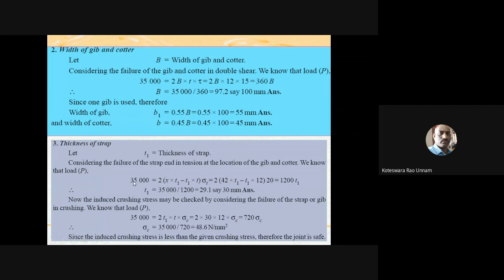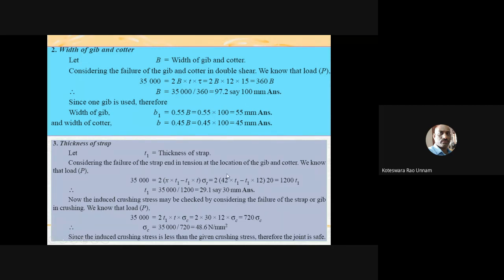Multiplied by sigma T, this will give you the value of the tearing strength. You need to equate the tearing strength to the applied load, which is 35,000. From that you will get T1, the thickness of the strap, which comes out as 29.1, and it may be rounded up to 30.